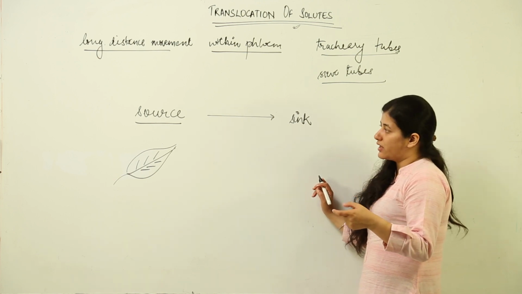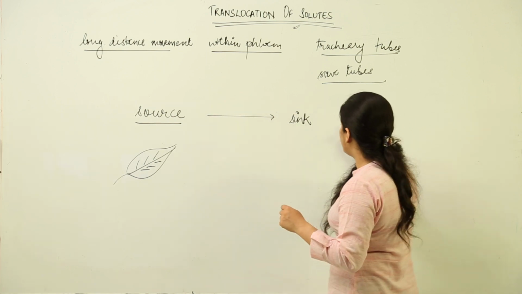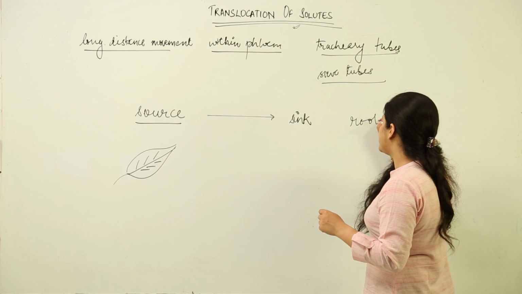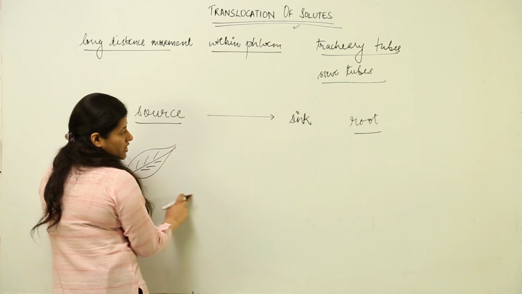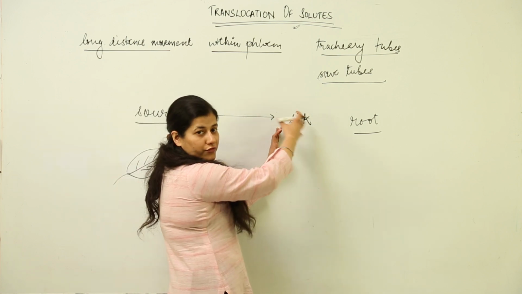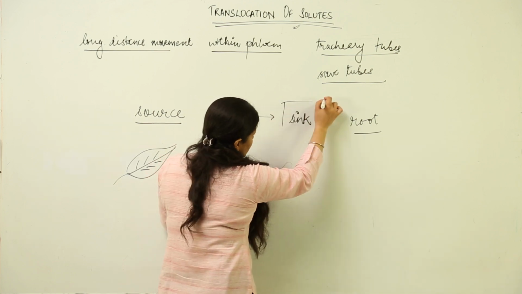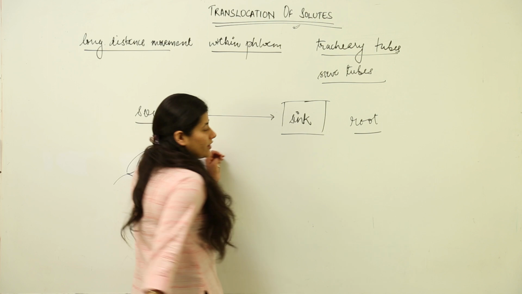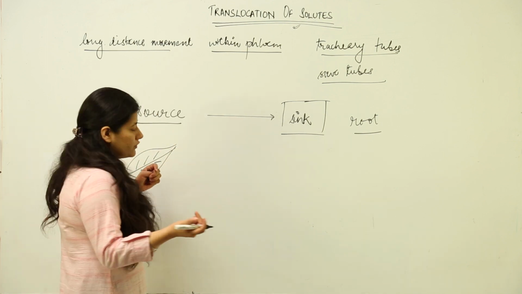Supposedly, we take into account the source as the leaf, and the sink happens to be the root. So, you know the root cannot form the food. So, the food which is being formed at the source will be transported to the root, which would be the area where the food will be utilized, and hence it is called sink. Okay. There could be another area of utilization.